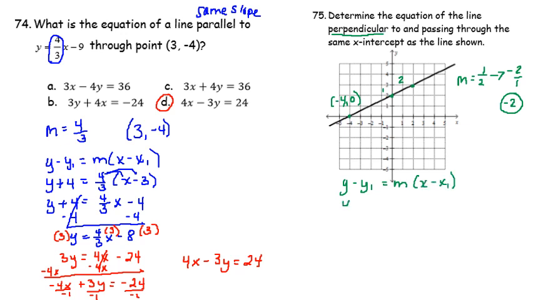So that gives me y minus 0 equals negative 2 times x, and this one is going to be plus 4. So y minus 0 just gives us y. And then distribute here, that gives us negative 2x minus 8. And there's our equation of the line.